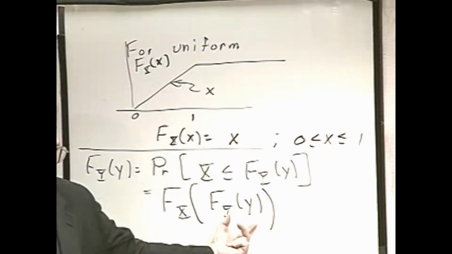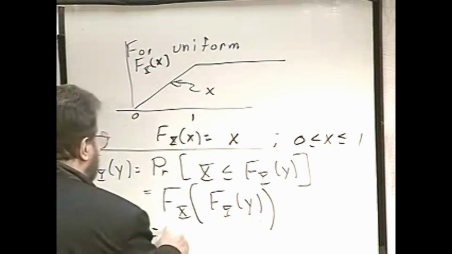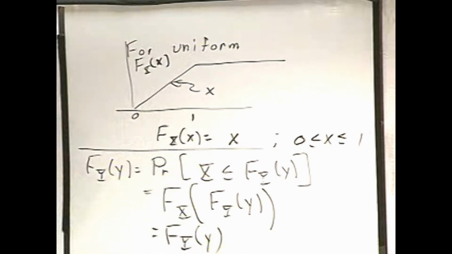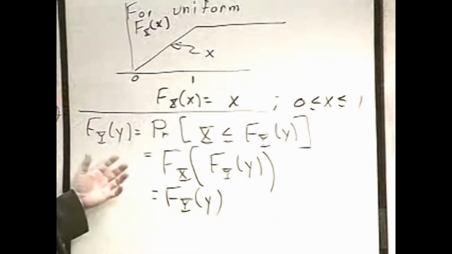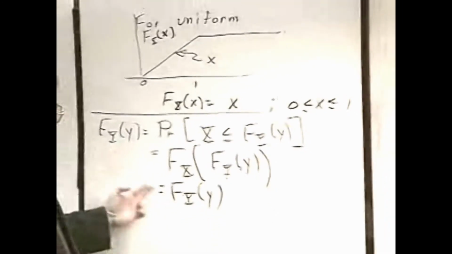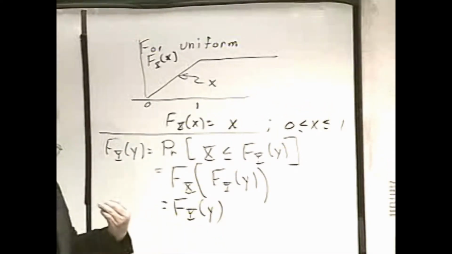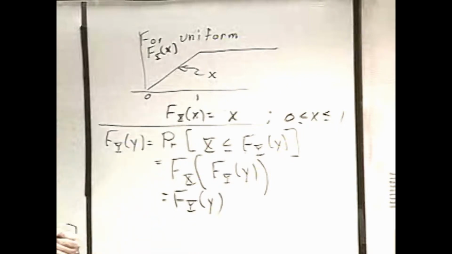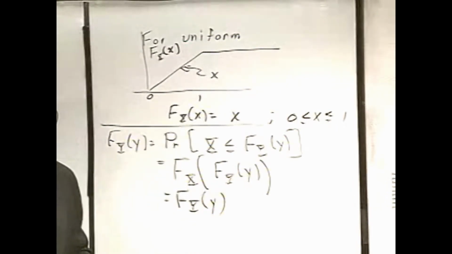Since this is always between 0 and 1, we end up generating, if you will, an identity, and this is one of these kinds of proofs where you start out with assumptions and you show 2 is equal to 2 at the end as a logical conclusion. And so we have the distribution that we generate is indeed the distribution function for y, which is what we wanted initially. So we have shown that, in fact, we are generating this distribution. Okay?